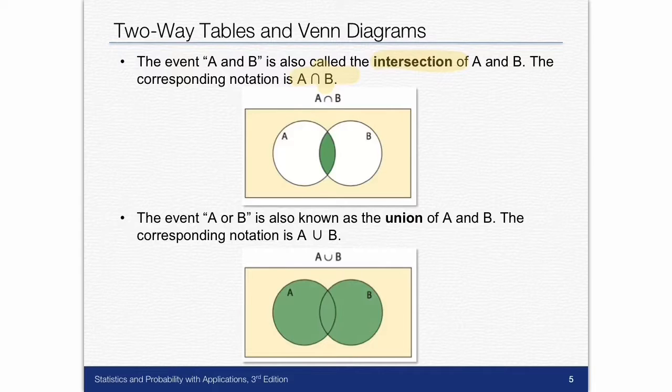The event A or B is known as the union of A and B, and the corresponding notation is A with a right side up horseshoe and a B. A union B is what you say, and looking at the diagram, it's all of it, the overlap and the non-overlapped parts. That is the union of A and B.